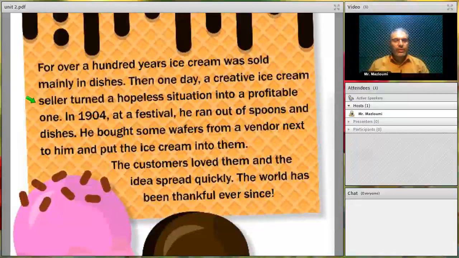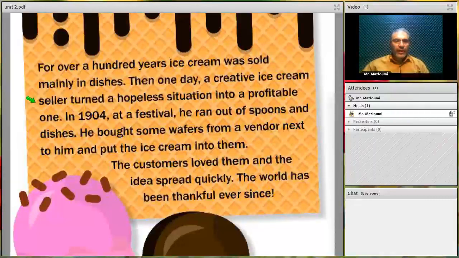In 1904, at a festival, he ran out of spoons and dishes. He bought some wafers from a vendor next to him and put the ice cream into them. The customers loved them and the idea spread quickly. The world has been thankful ever since.